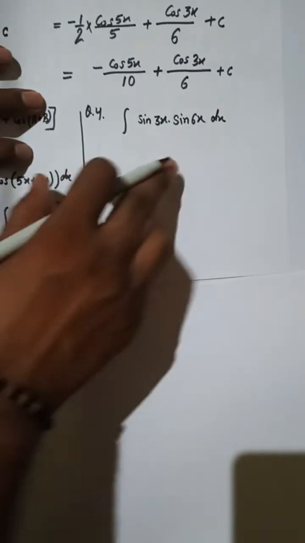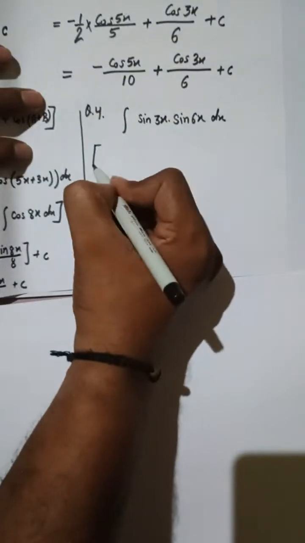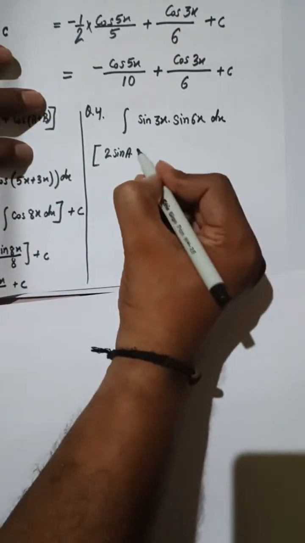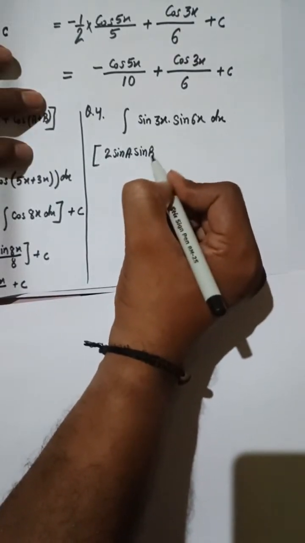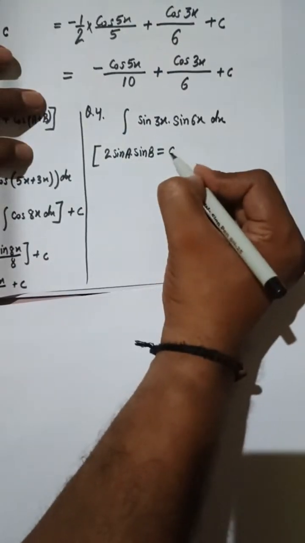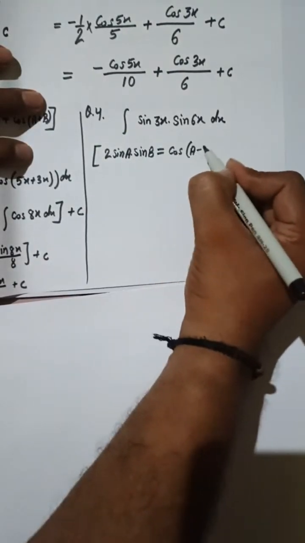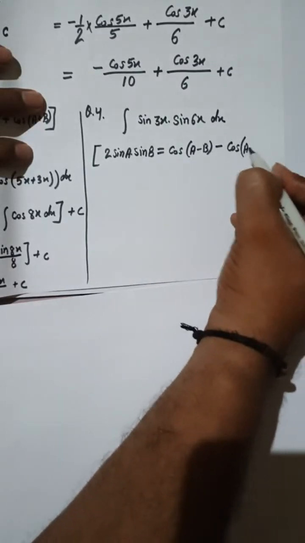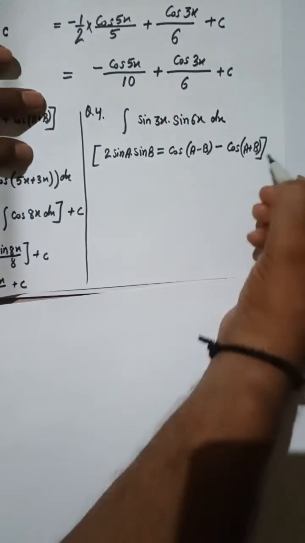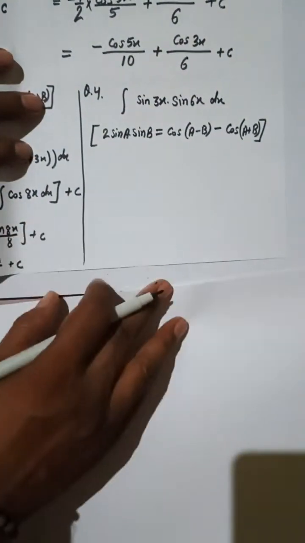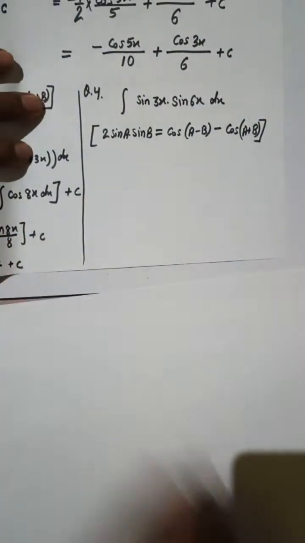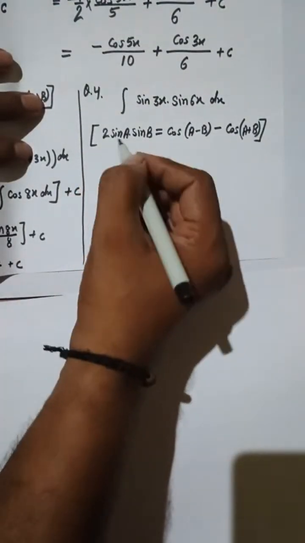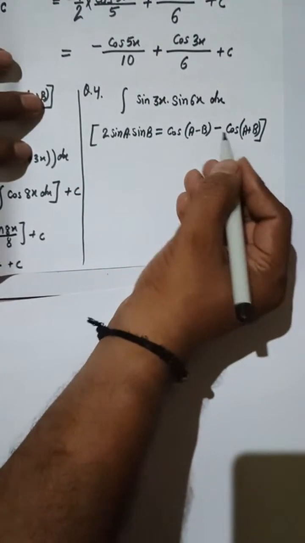Sin A and sin B are there, so I'm going to use this formula: 2 sin A into sin B equals cos A minus B minus cos A plus B. If you have any kind of doubt, you can comment or write to me, and I will reply.